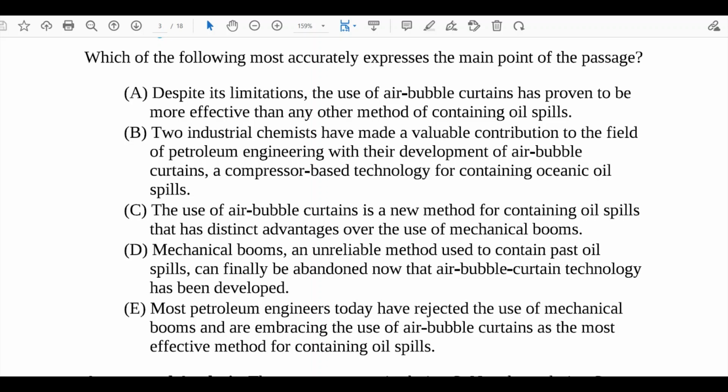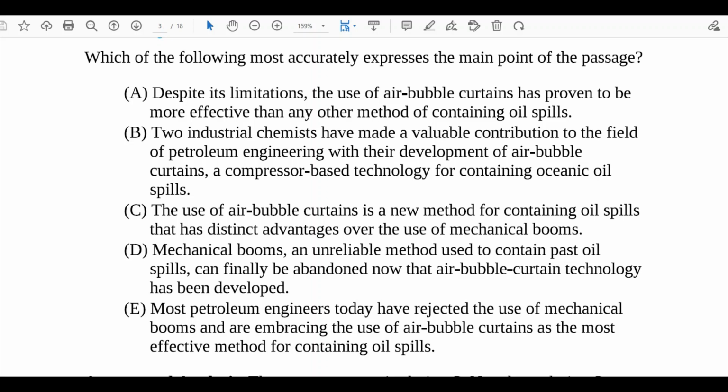So, they are wrong for the same reason. They go beyond the scope of the passage to compare air bubble curtains to all other spill containment technologies. The only other technology to which the passage compares air bubble curtains is mechanical booms.